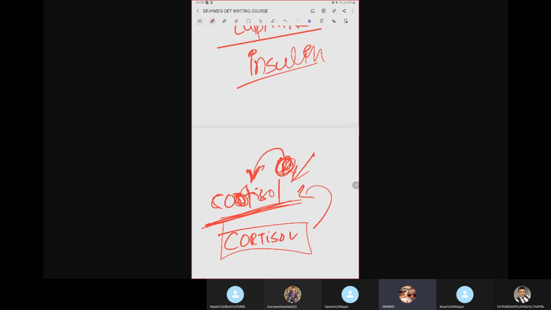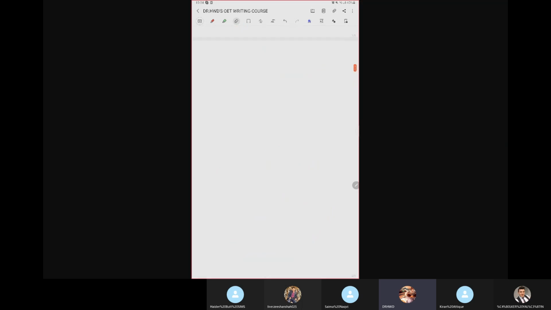So cortisol could be one of the drugs which is both generic and brand name, and that's where you give priority to the brand name rather than using a small c. Because of the R, it seems like something registered, so you treat it as a brand name instead of a generic name.